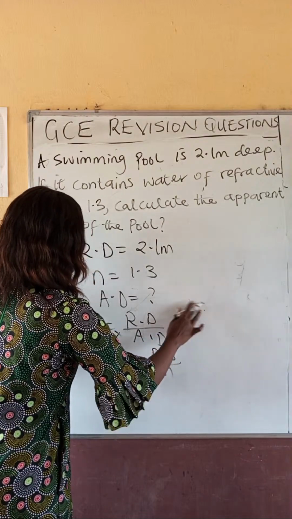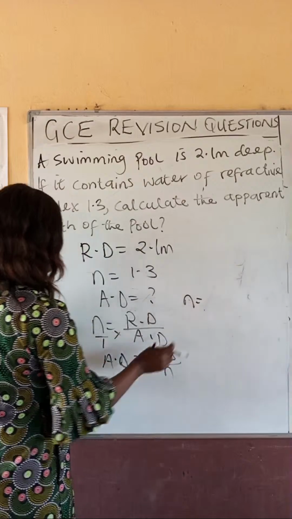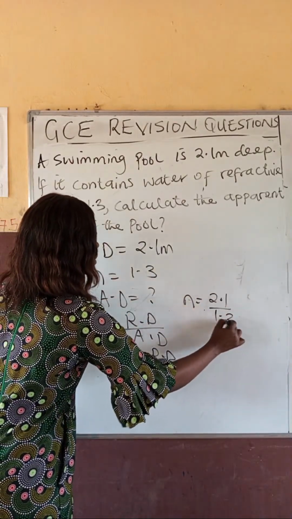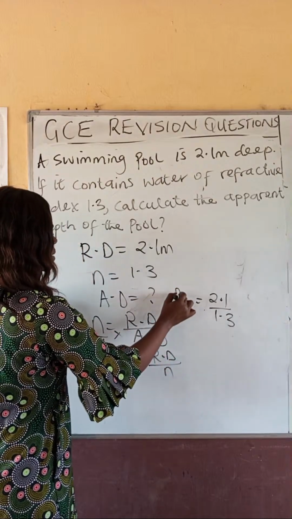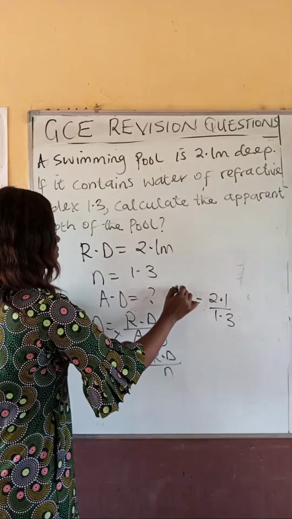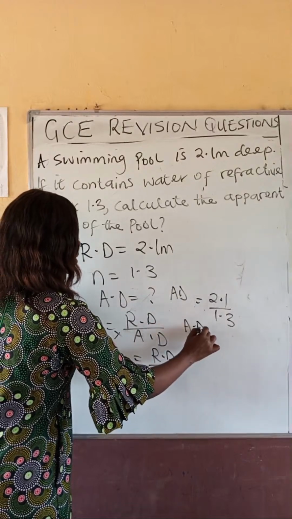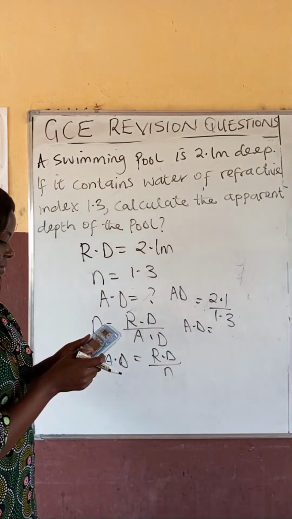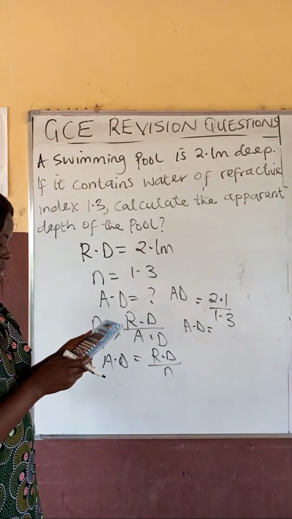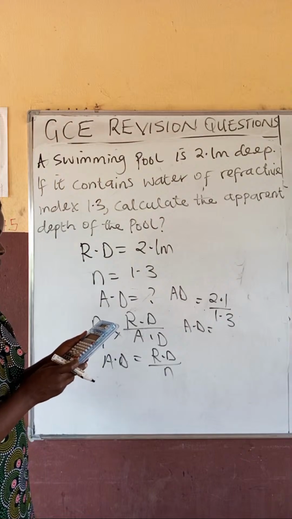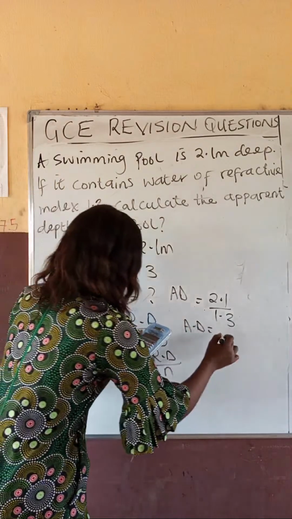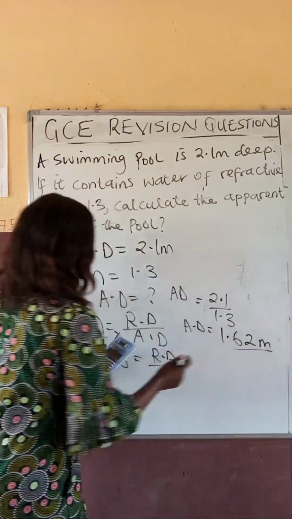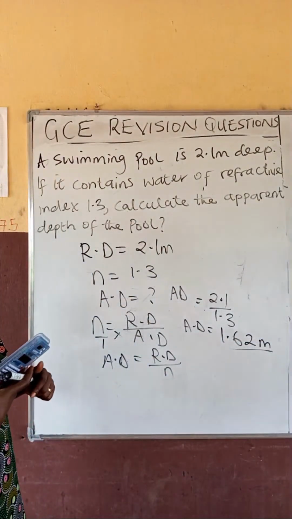That is apparent depth equals 2.1 over 1.3. So let's divide: 2.1 divided by 1.3. My answer becomes 1.62 meters. This question is straightforward and simple.